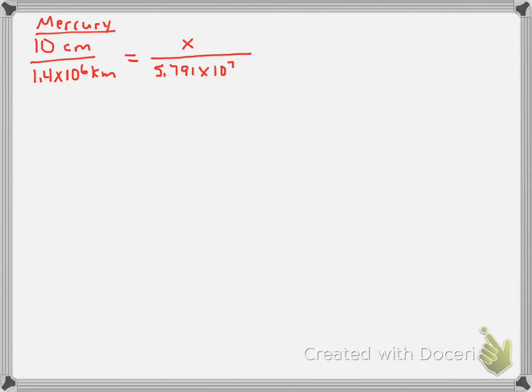So we're going to have to use cross products. So if we multiply these two, that would give us 1.4 times 10 to the 6th x.